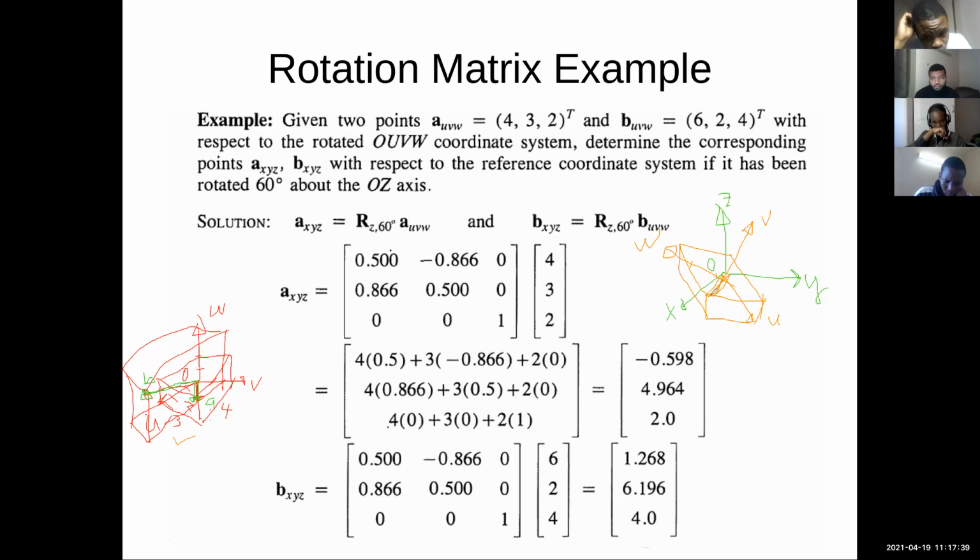This is your vector. And the other one is 4, 3, and 2, like that, and your vector is here. So I'm just rotating this with respect to that, okay? Do you see what I'm trying to draw?